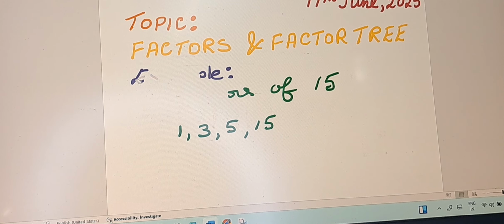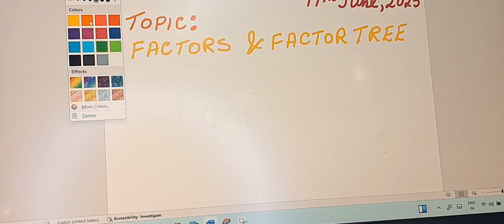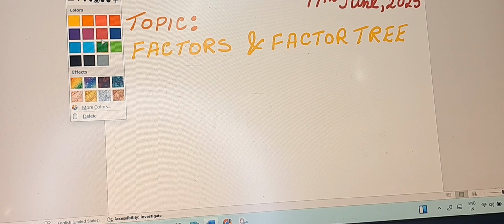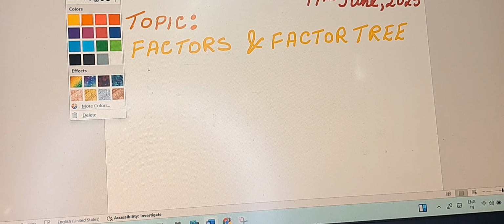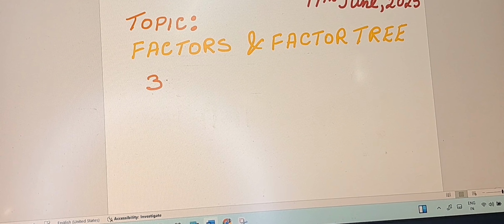Now I am going to show you the factor tree. What is a factor tree? Let us see. I'm going to take one example, 36.